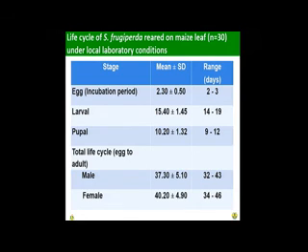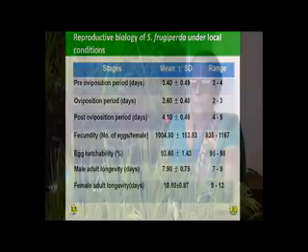And also larval period, mean 15.40 and 14 to 19 range. And total life cycle from egg to adult, male 30 to 43 days, and female a little longer, 35 to 40. And also, now I am going to discuss the reproductive biology of fall armyworm under local conditions.